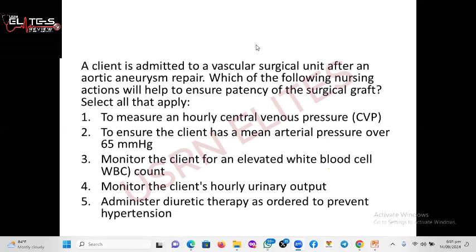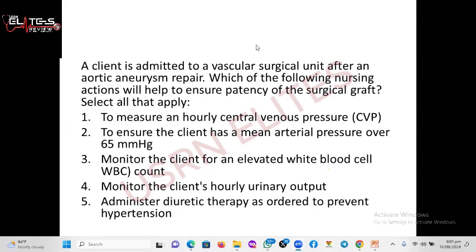Then also monitor the client's early urinary output. We made mention earlier of monitoring the urinary output to see that there's perfusion going on, and also to ensure early central venous pressure. I think all these will ensure patency of the surgical graft.